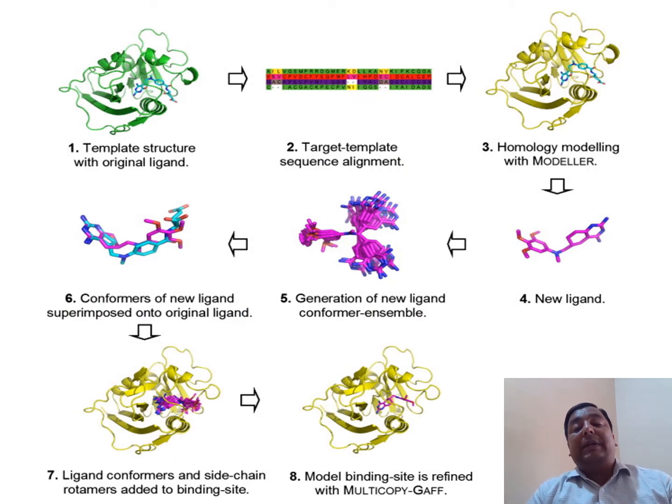So now here you can see that template structures are there with original ligands, and then target-template sequence alignments are there, using homology modeling. Modeler is software which is used to generate 3D structures by homology modeling methods, following 4 steps, right?